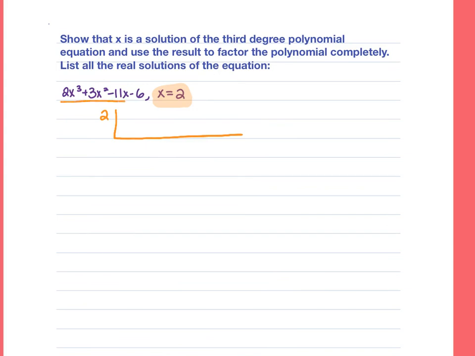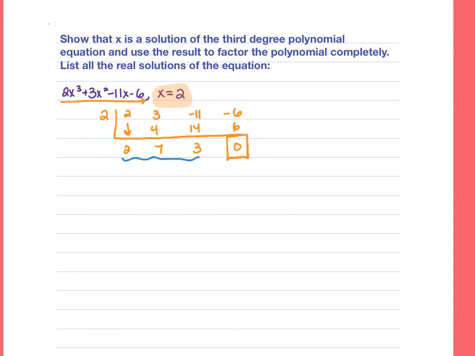Look at my coefficients, make sure that they go down in decreasing degree order and there's nothing missing. There's not. So it's 2, 3, negative 11, negative 6. Bring down the 2, multiply, put it in the next column, add it, multiply, put it in the next column, add it, multiply it, put it in the next column, add it. If this is not 0, you did something wrong because by stating it's a factor, my remainder should be 0.